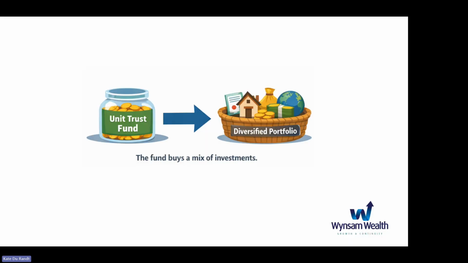As I was saying, you might not have enough money to go out and buy Microsoft shares as an individual, or barrels of oil, or a property. But by pooling your money together with a whole bunch of other people, that pooled amount is then enough for those types of assets to be bought, property, shares, oil, whatever it is. And each of you then gets to be a part owner of that investment basket.